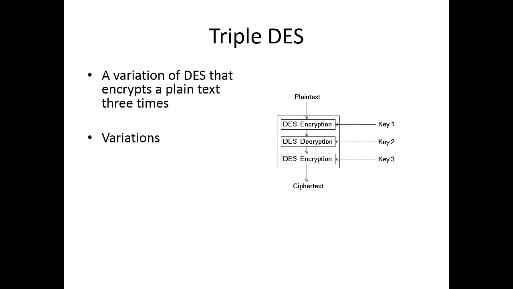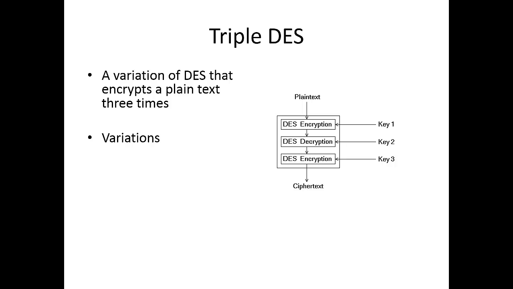So there are different variations of DES, one is double DES and the other is triple DES, and double or triple DES simply means that you encrypt a message twice or 3 times.